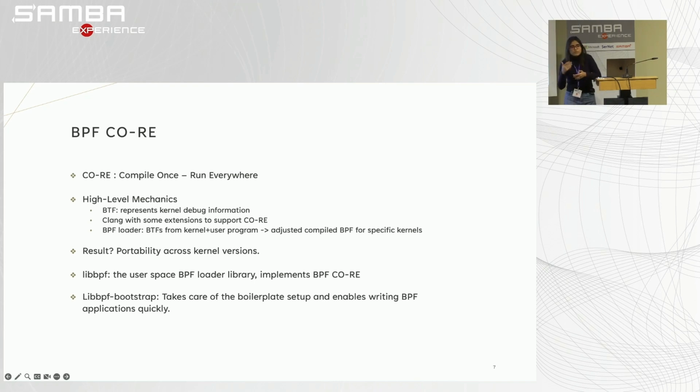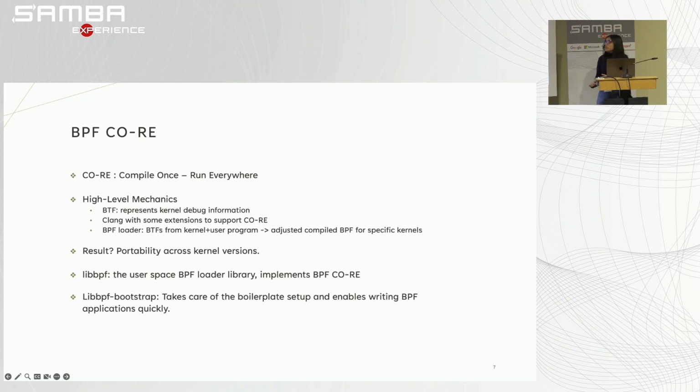So if the field moves around, if it goes to a different offset, it doesn't matter because you already have that information: I want to access this particular field in this particular structure. So it doesn't matter where it sits anymore. I can show a diagram in the next slide, which might explain this better.